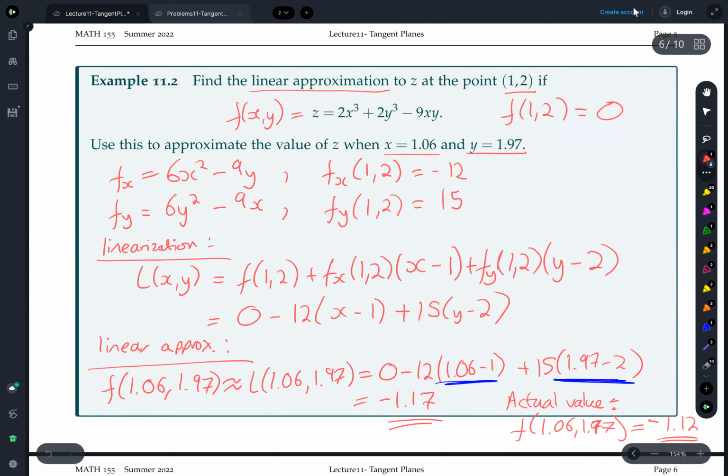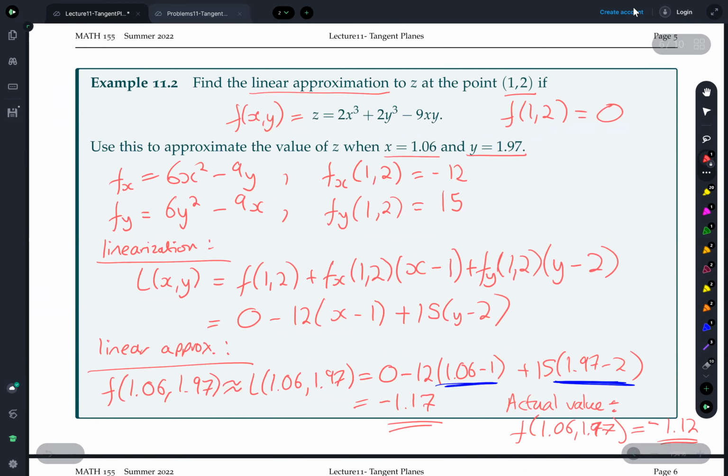In this example, which is gone through in the lecture notes, we've got the function z is equal to 2x cubed plus 2y cubed minus 9xy. We want to approximate this close to the point 1, 2, and use that to find the value of z when x is equal to 1.06 and y is equal to 1.97, so just a little bit away from that.